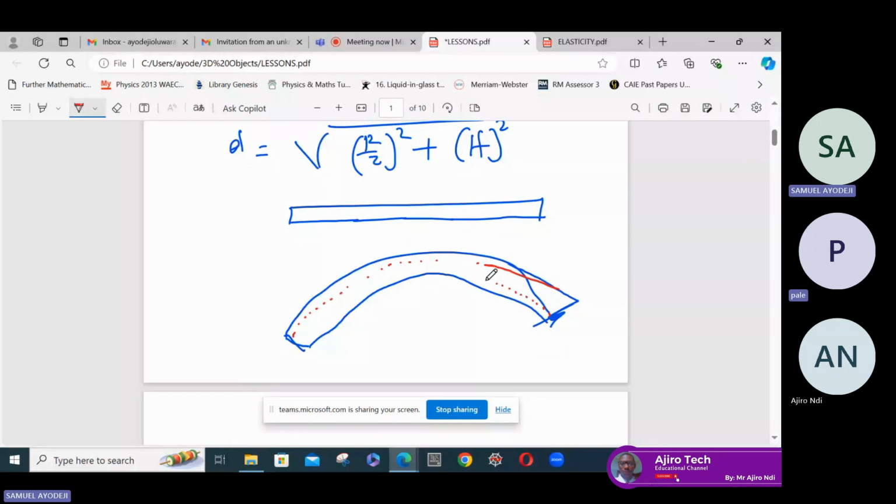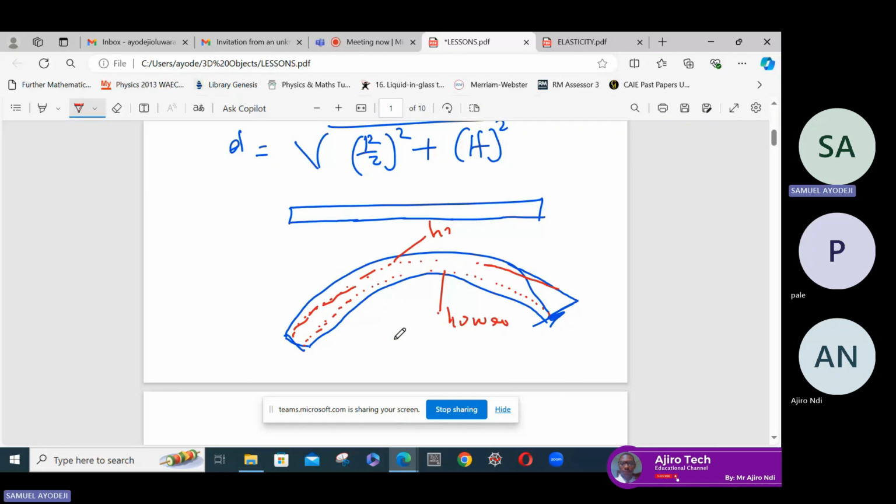So this is what we refer to as tensile stress. The upper part is higher stressed, and the lower part is lower.